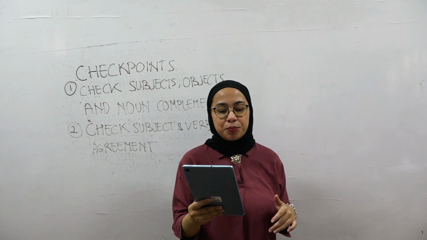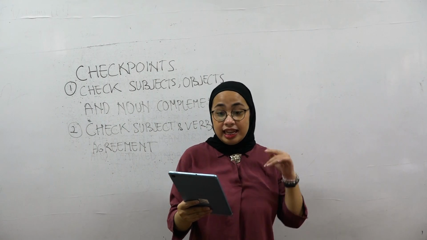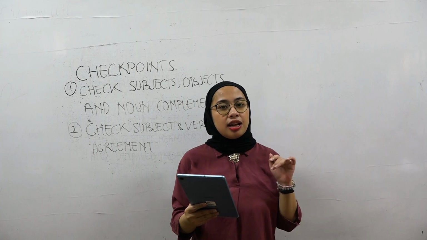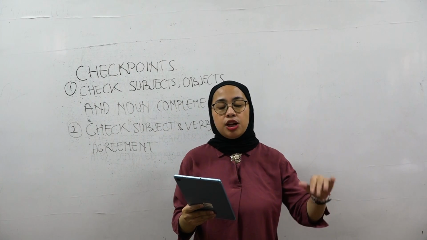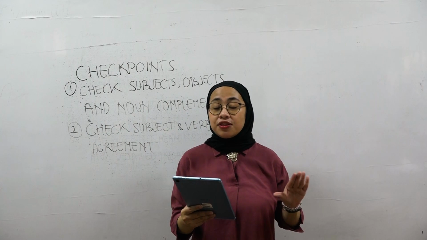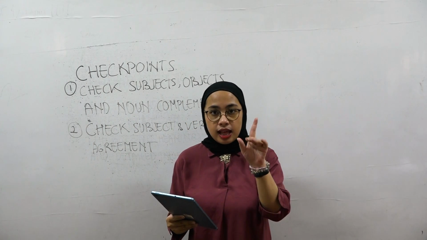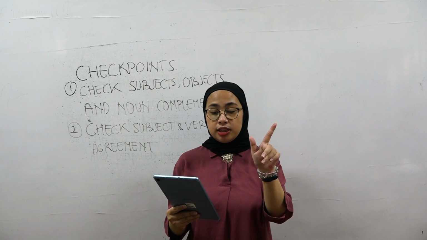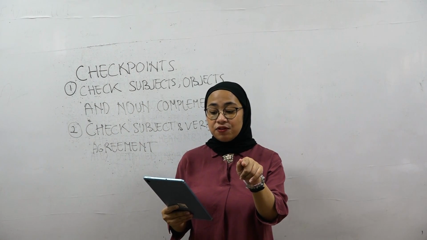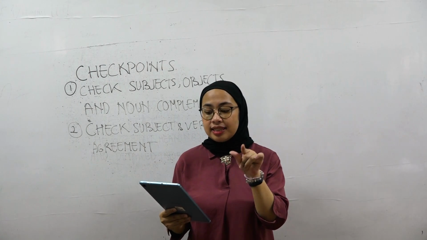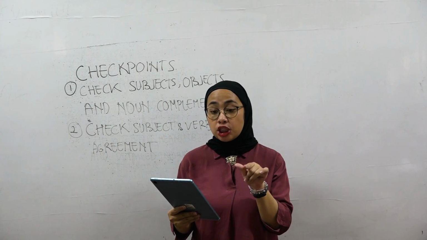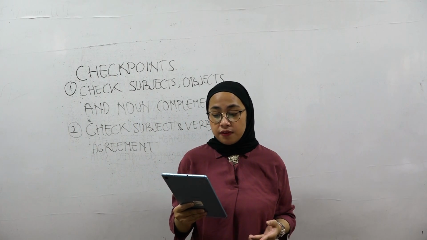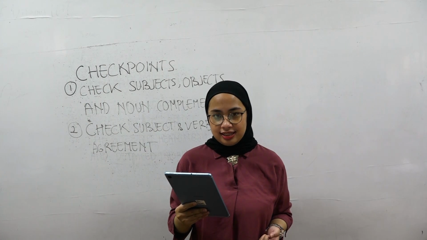Let's talk about the second one. They elected him president. Here, you can look back to the definition. Object identifier: after the direct object of a sentence. Let's identify it one by one. They is a subject. Elected is a verb. Him is the direct object. And president is the object complement.